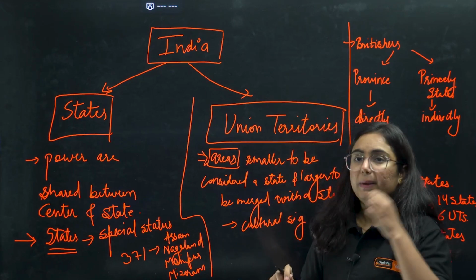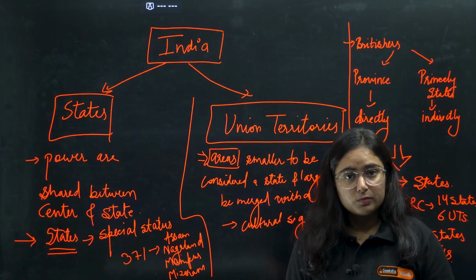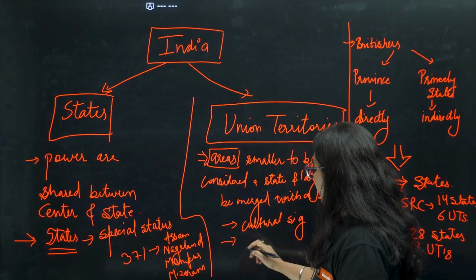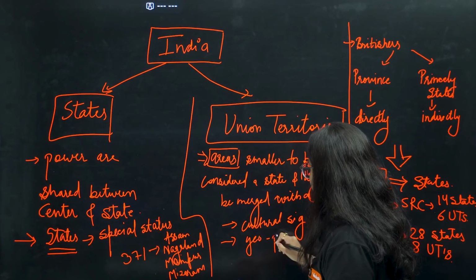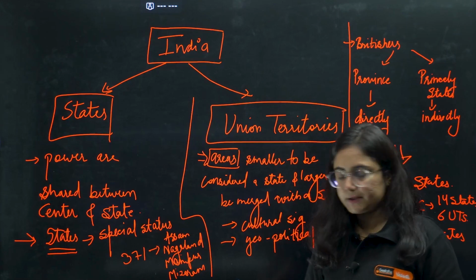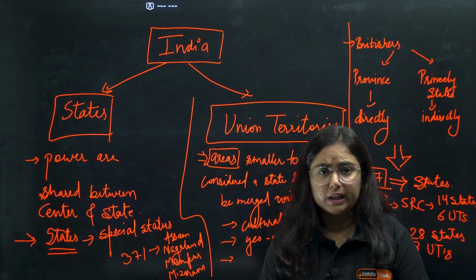Maybe in a UT some tribal population is living, which we need to keep protected. Hence, it is done. There are certain geopolitical references. For example, Delhi is a union territory. Why? Because of geopolitics.